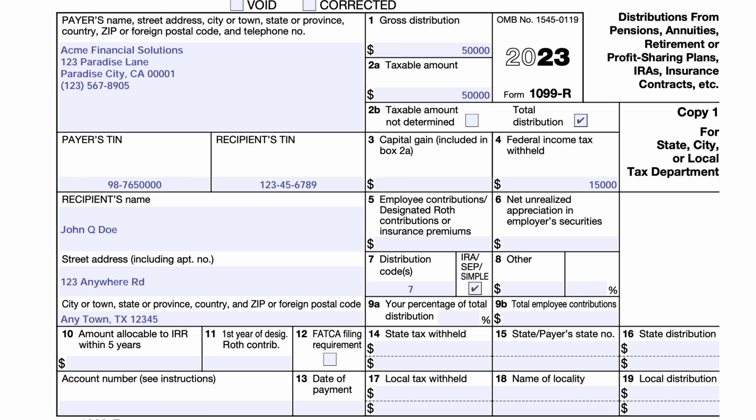There is no additional reporting that he needs to do other than just making sure that this is included in his Form 1040.